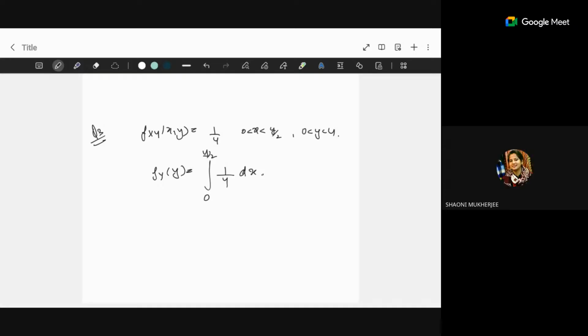Yes or no? So can you solve it and let me know what answer you are getting? Can't we do the double integration here? Oh, sorry, you just find f(y).